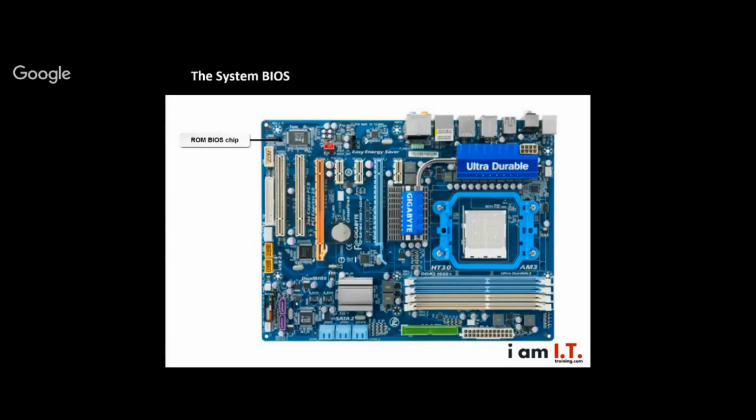Now, in your BIOS is the place where your computer holds the information in regards to where to find your operating system, how much RAM it had the last time and how much RAM it should have at the boot up stage, and the system clock information, among other things. So every single time you boot your computer up, the BIOS is actually what starts first in the background and makes sure that all things are okay and all systems are a go before you get to your operating system login screen.